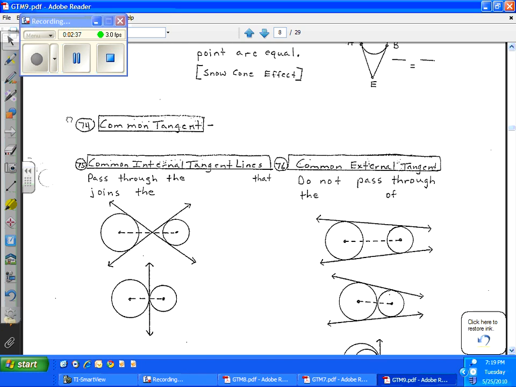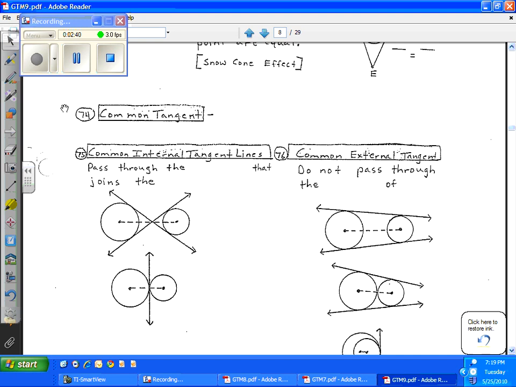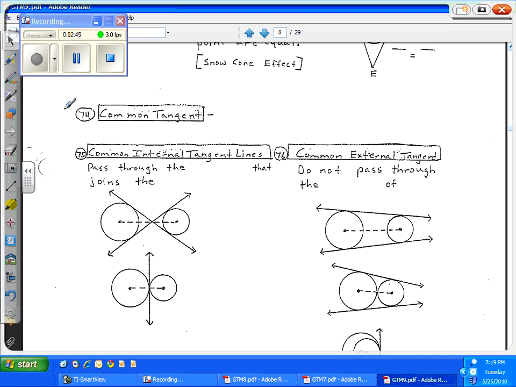A common tangent. A common tangent is a line that is tangent to coplanar circles. A common tangent line is a line that is tangent to two coplanar circles.